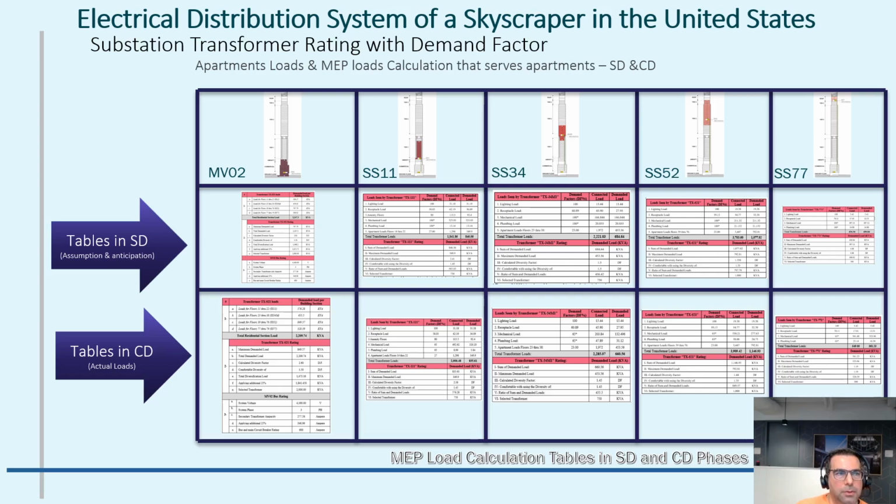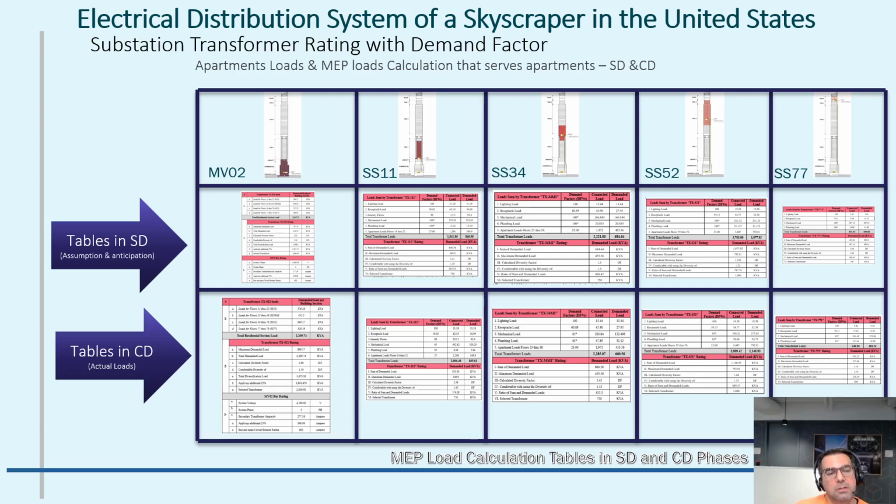Another thing is that on mechanical floors, we need to size the transformer rating. We need to calculate the transformer rating based on the demand factor we have. Again, in this schematic design, we anticipate and assume how much kW we have, and then we size the transformer.